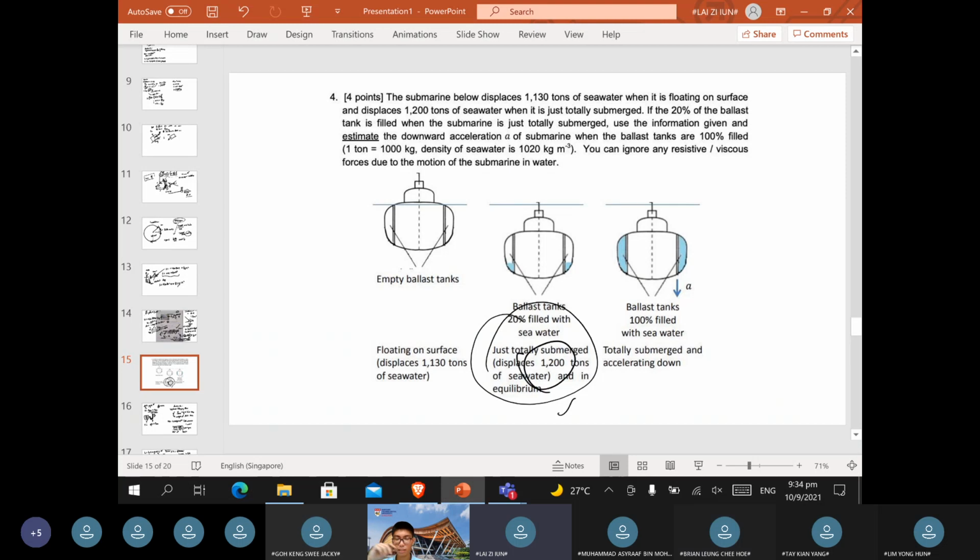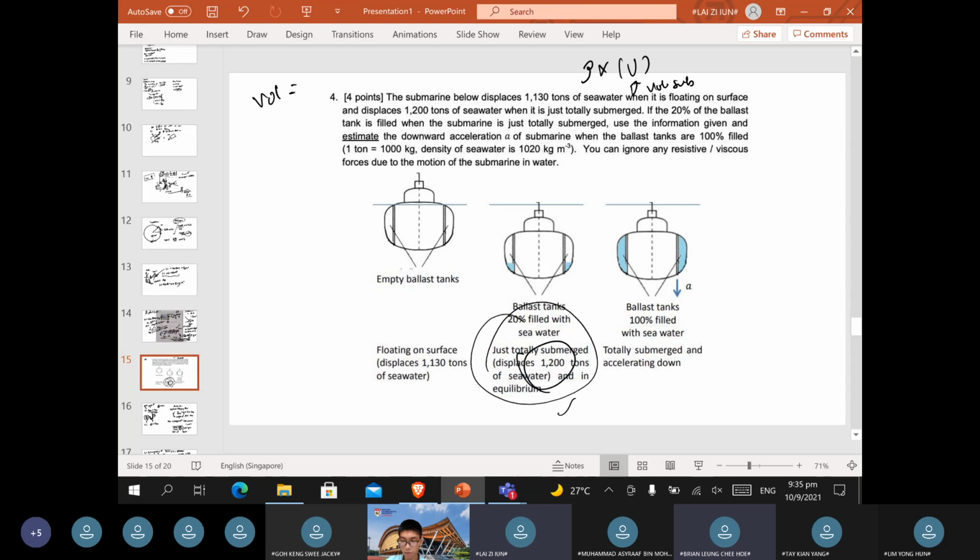Okay, repeat the last sentence. Sure, I took the density of the seawater multiplied by the volume of the total seawater that it displaces, which should be equal to the volume of the submarine. To get the volume, I took the total mass of the seawater divided by the density of the seawater.